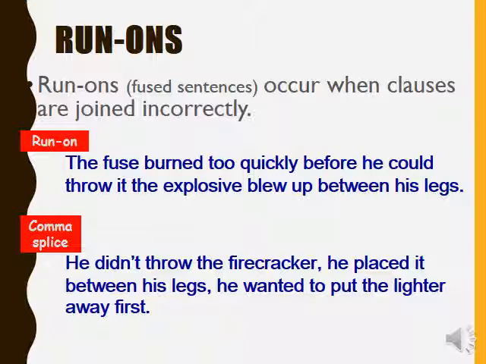Let's see. The fuse burned too quickly before he could throw it, and the explosive blew up between his legs. If you can see here, the fuse burned too quickly before he could throw it, the explosive blew up between his legs.